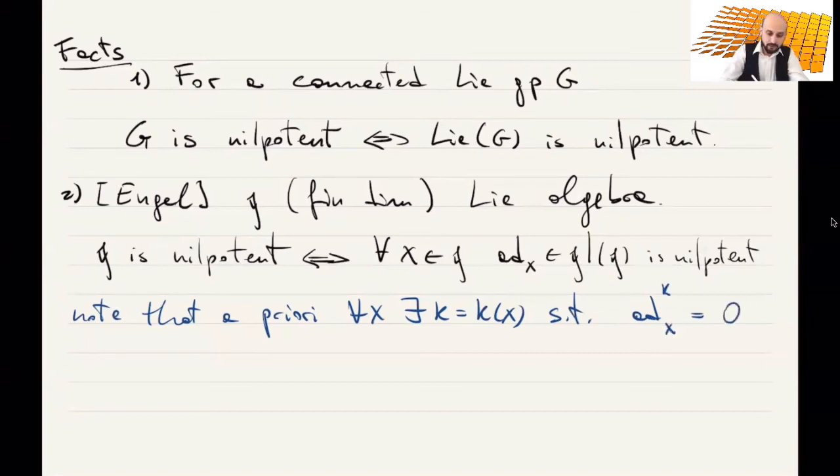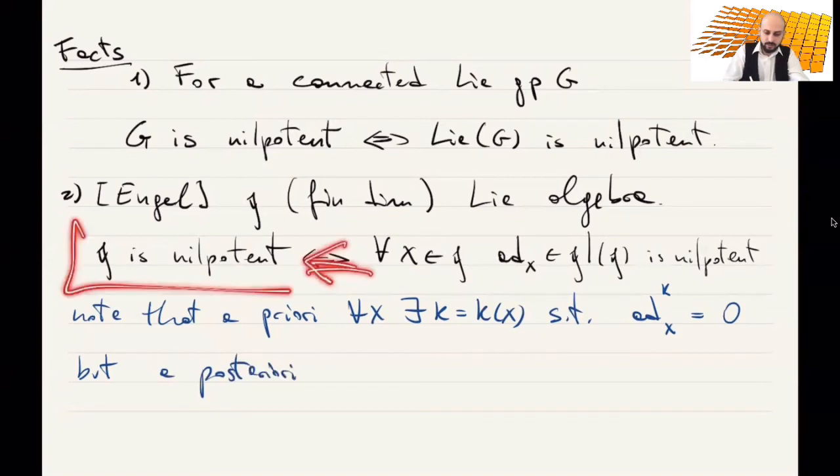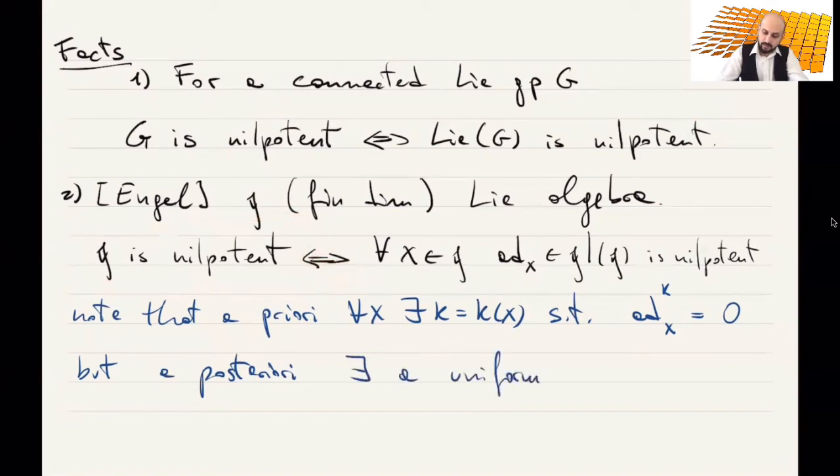But a posteriori, namely after one proves this theorem and therefore the Lie algebra G is nilpotent, then we really know that there exists a uniform k, for which all the k-th powers of the adjoints are zero. Okay? So this is known as Engel's theorem.